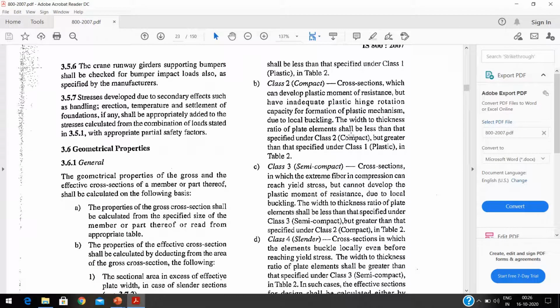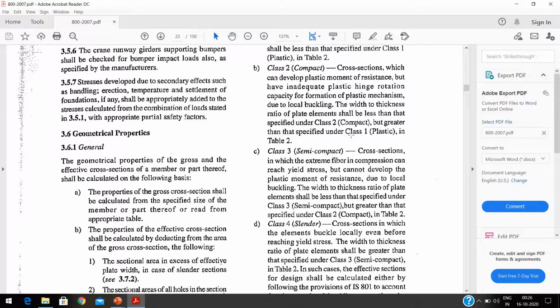In class 3, the cross section in which the extreme fibers in compression can reach yield stress but cannot develop the plastic moment of resistance due to local buckling. The width to thickness ratio of the plate elements shall be less than that specified under class 3 in table 2.